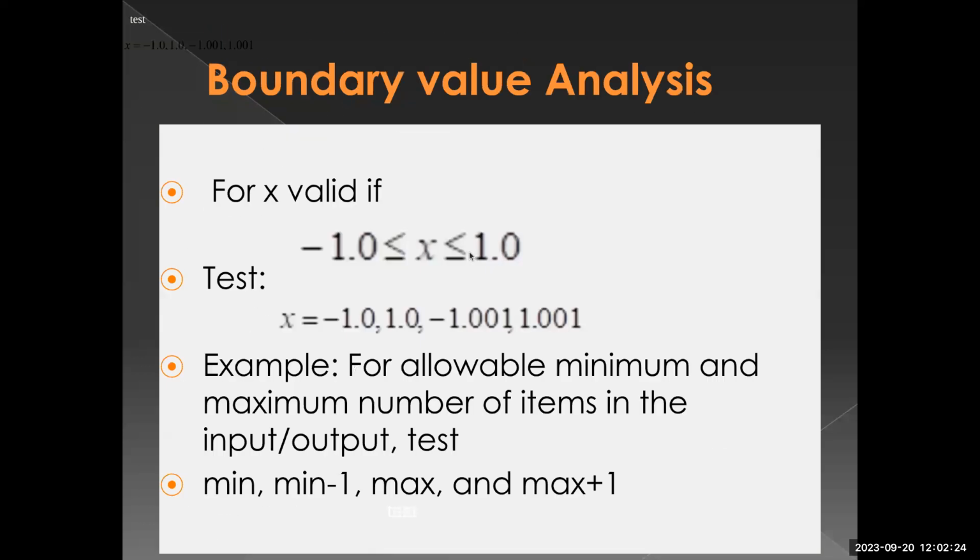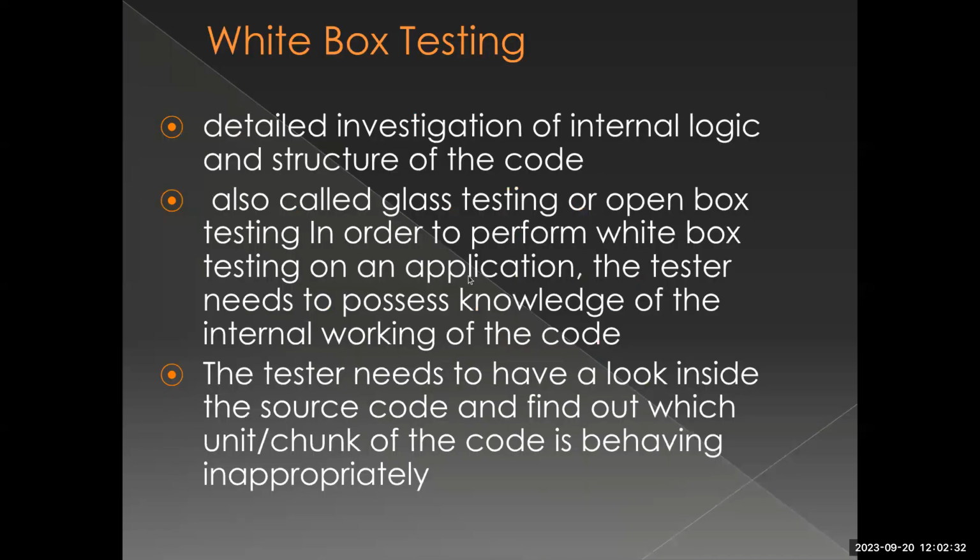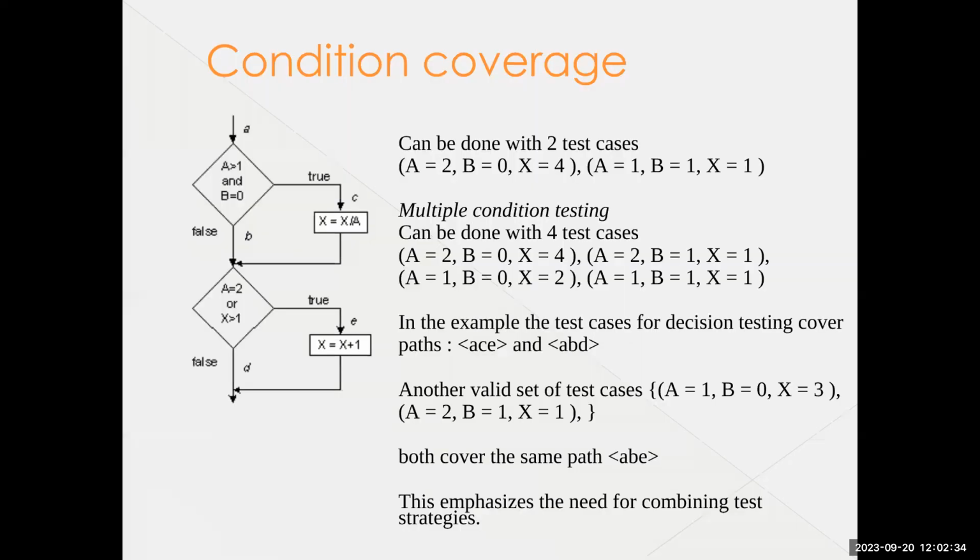Now I will explain this module later. Until that, I will finish. Last year, this type of question came, check condition coverage. Okay, if you have any problem, ask me.